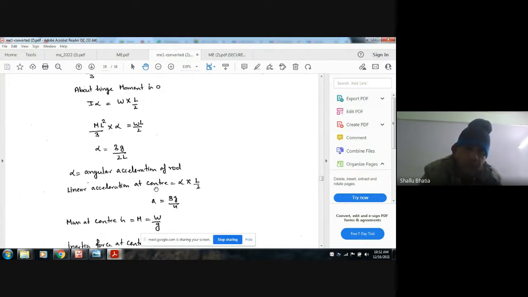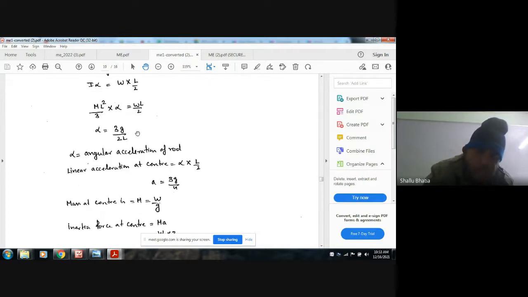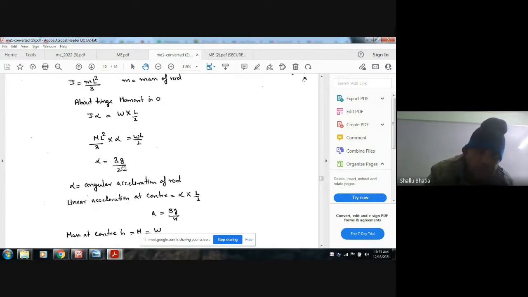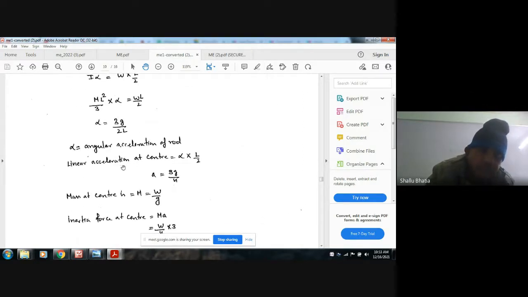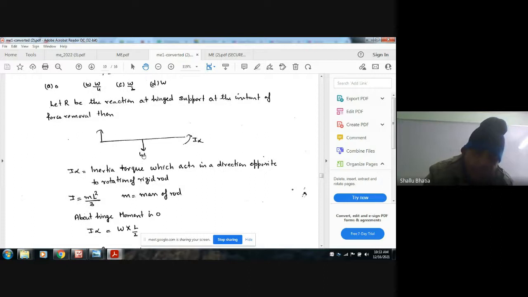Now we have this angular acceleration. It is rotating about this point, so we can find out the net acceleration at the center. This distance is L by 2, and angular acceleration is alpha, so the net acceleration of this point will be alpha into L by 2.